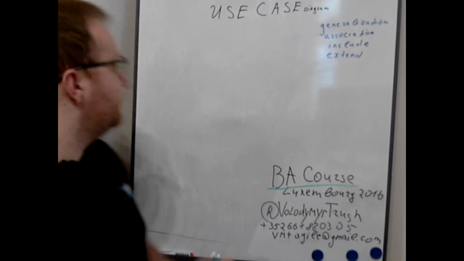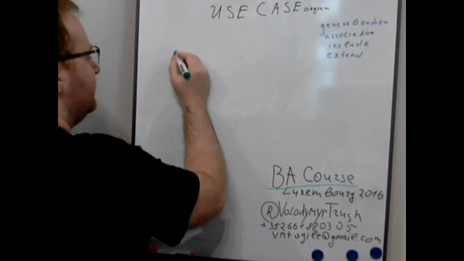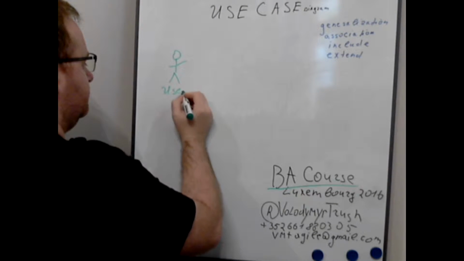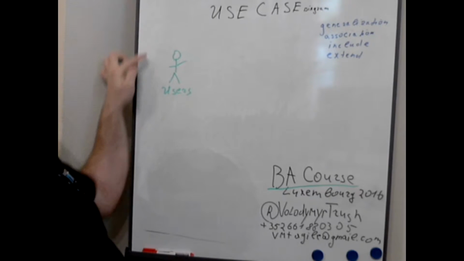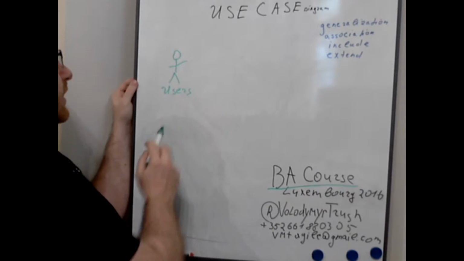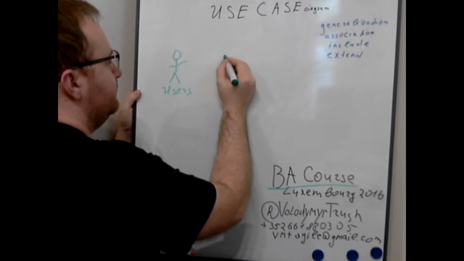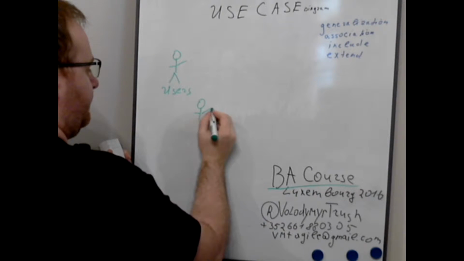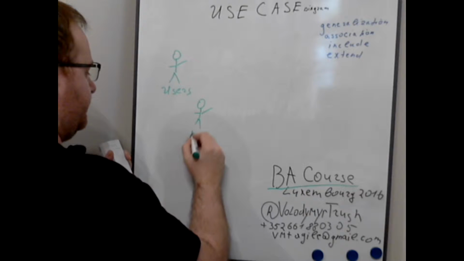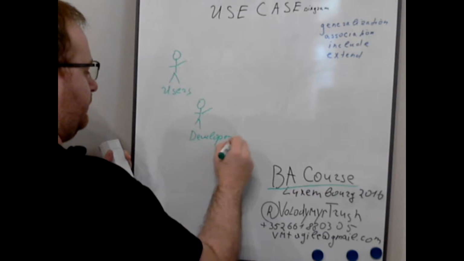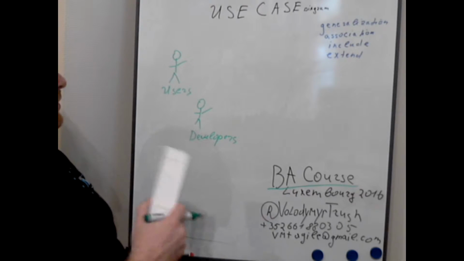Let's see what actors are. Actors can be described like that. This is the element and the title. Here we can see users, but it can also be something else.